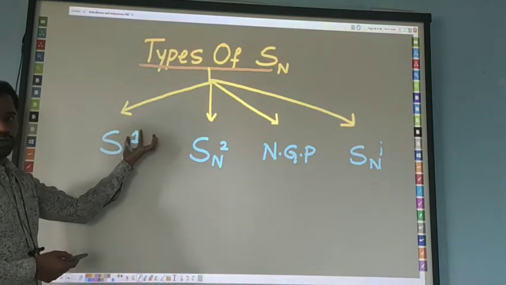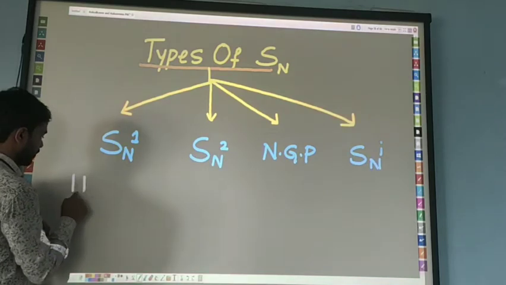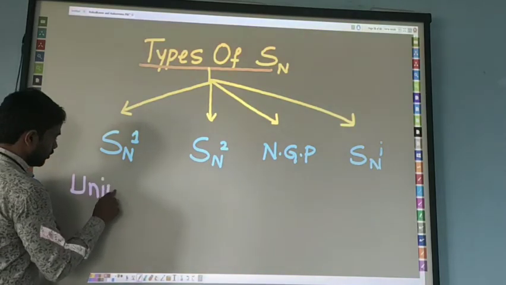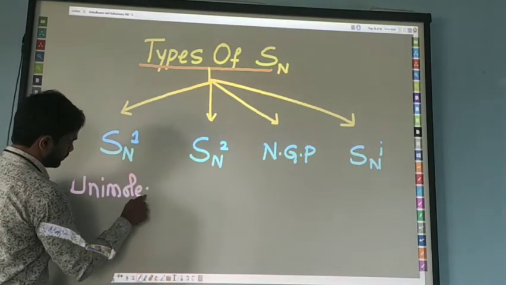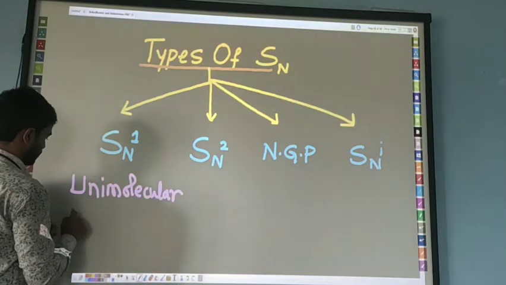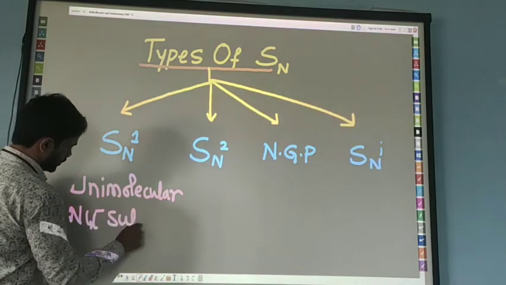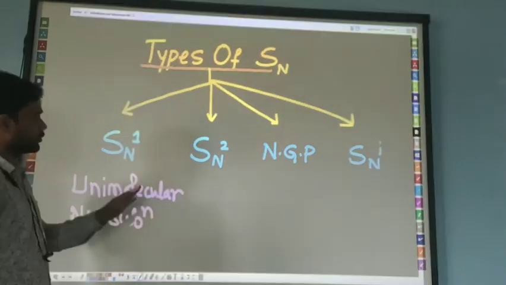That's known as unimolecular nucleophilic substitution. Let me write the name here: unimolecular nucleophilic substitution reaction. Okay, this is what it stands for.